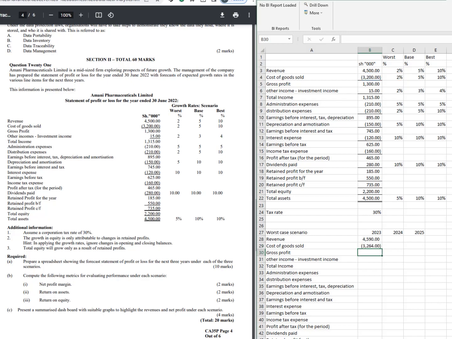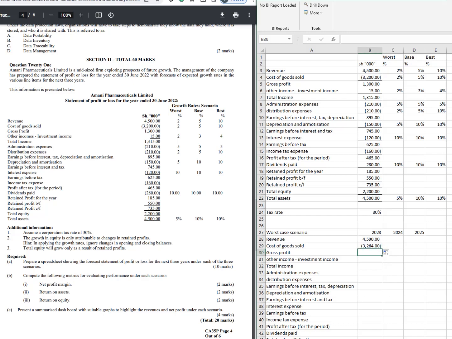And we hit enter, and we get that the cost of goods for 2023 was 3,264. Now, to do this easily, we can just click on this cell here, B28, and simply drag it down like that, right? And we shall come up with the same figure.